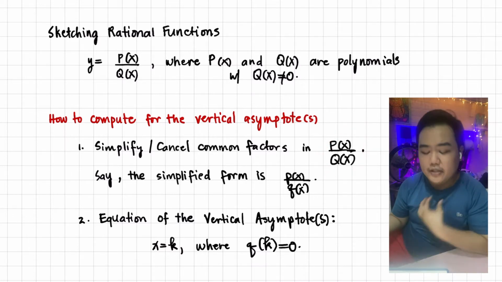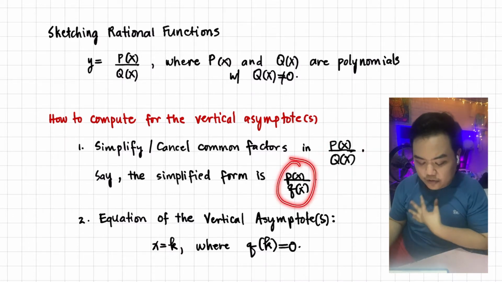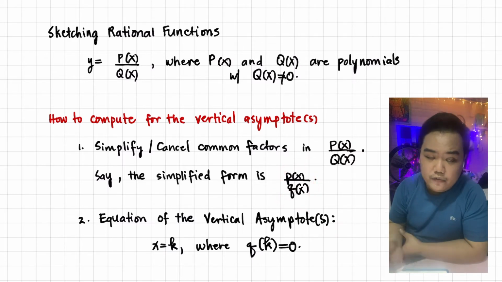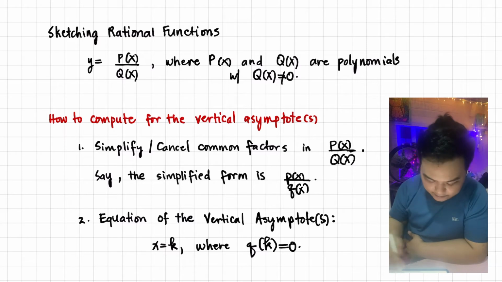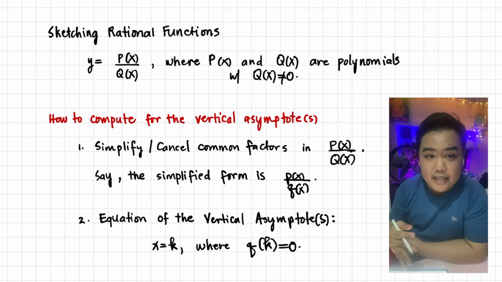And let's say, after simplifying, this is the simplified form, small p of x over small q of x. Na-simplify na, what is the next step? Makakompute mo na yung vertical asymptotes. So, take note, vertical asymptotes, lines yan. So, ang sagot ninyo for the vertical asymptotes must be equation of a line. And a vertical line has equation x equal to a constant.